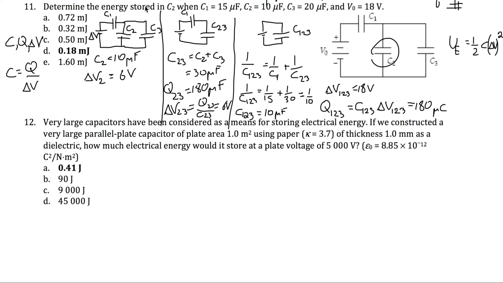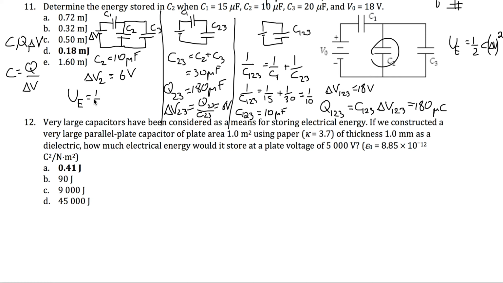And now finally we have enough information to get how much energy is stored in C2, since we have a potential difference of 6 volts across it, not 18, and a capacitance of 10 microfarads. So now we can use the equation we wanted to use earlier, and we just happen to use this one because we have those two variables.